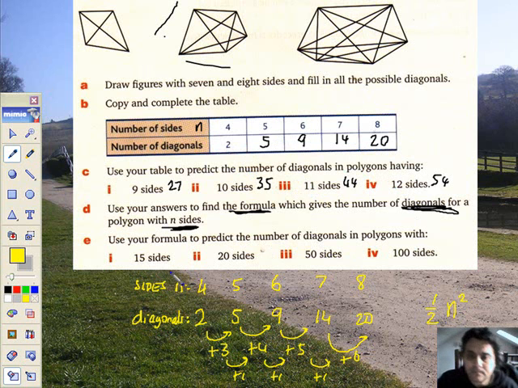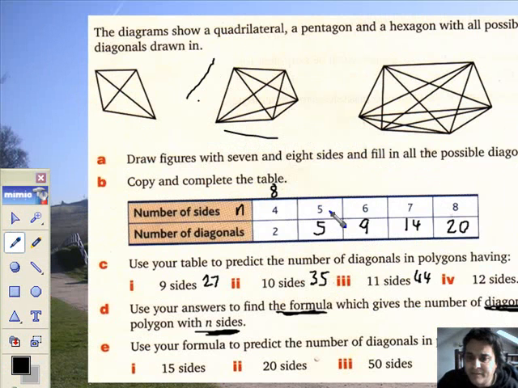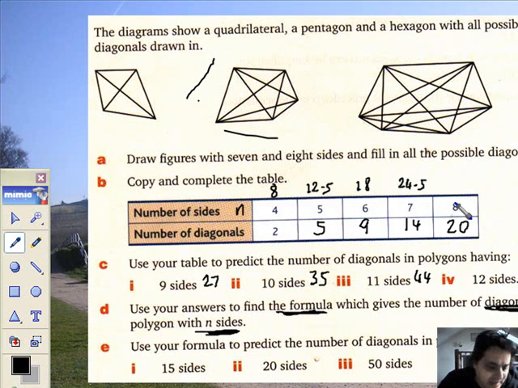Now let's change to black, and let's just try this out. 4 squared is 16, halved is 8. 5 squared is 25, half of that is 12.5. 6 squared is 36, half of that is 18. 7 squared is 49, half of that is 24.5. 8 squared is 64, half of that is 32.